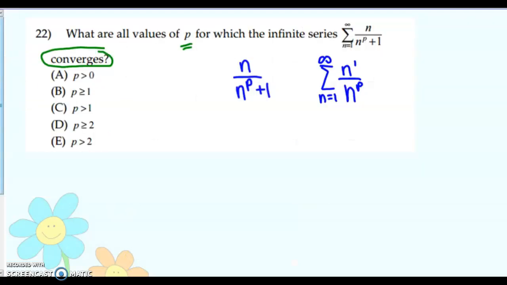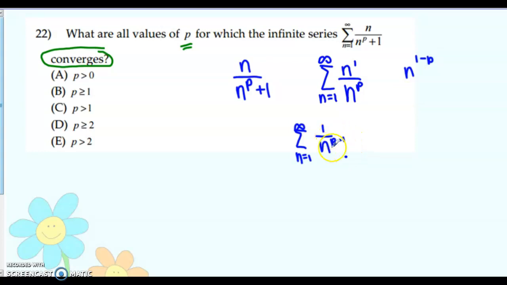So if we take a look at that, I can rewrite it as the summation from n equals 1 to infinity of 1 over n to the p minus 1, using exponent rules: same base, subtract the exponents. Since I'm keeping it in the denominator, that's why it's p minus 1. If I took it to the numerator, it would be 1 minus p.